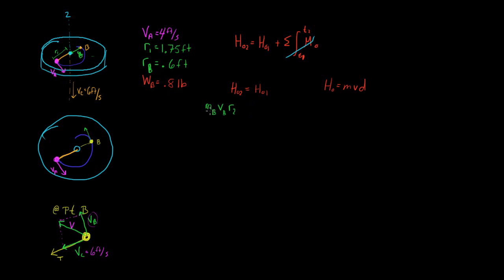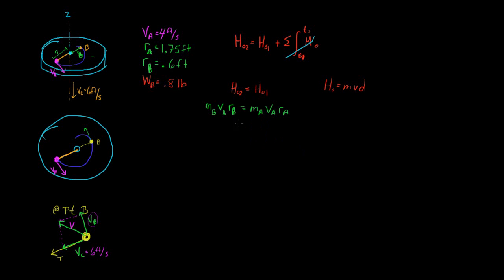So this is equal to the initial angular momentum, which is going to be this mass at A times the velocity of A times RA. And again, let's just call this R1, RA, just to make it consistent with the notation we're using in this equation. Should have probably thought ahead a little bit more.